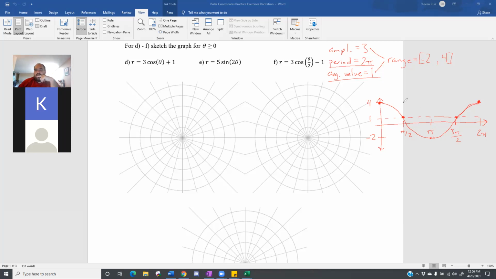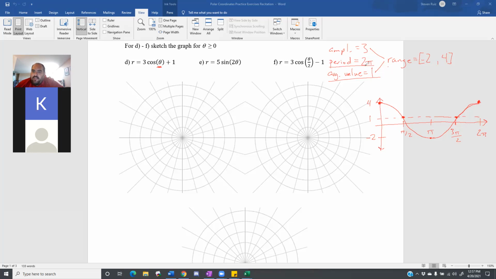The period is whatever the change in theta that has to occur to get one full cycle of this cosine wave. Which is why I stopped my x-axis at that number, because after 2 pi it's just going to repeat indefinitely.